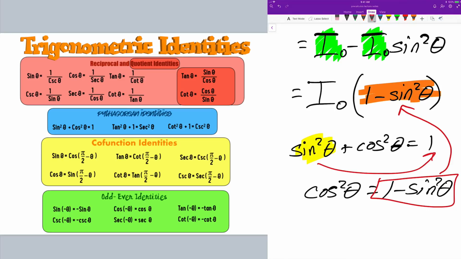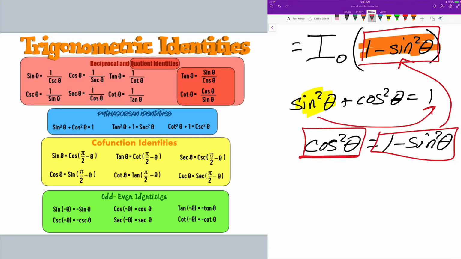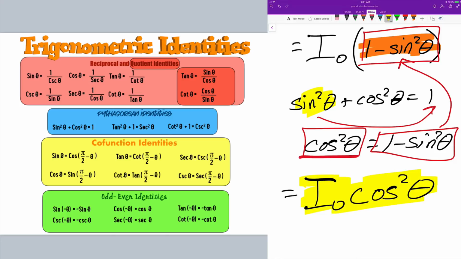So I can replace my term with cosine squared theta, and my new formula is I sub naught times cosine squared theta. And so now I have a simplified formula that I can use to answer any questions that the problem might give me.